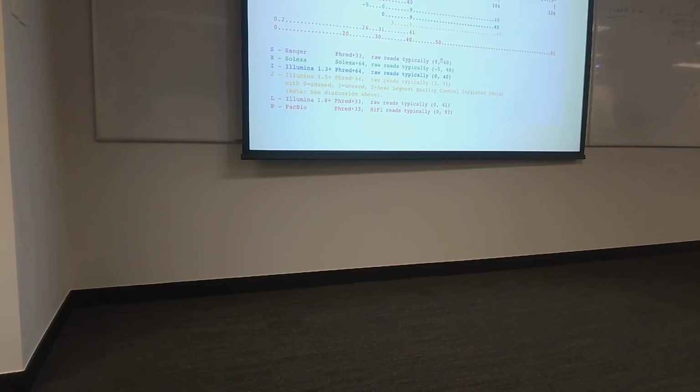You don't need to use all the methods, it depends on which platform you are using for sequencing. That platform will automatically give you those symbols to represent the quality from the sequencing.